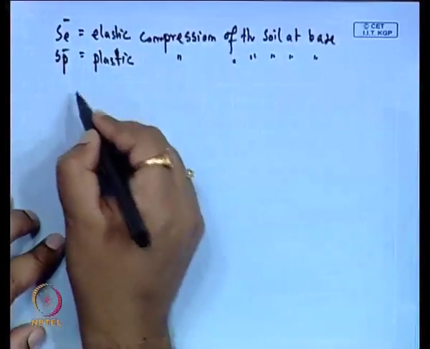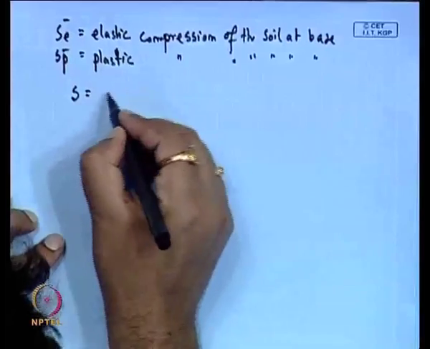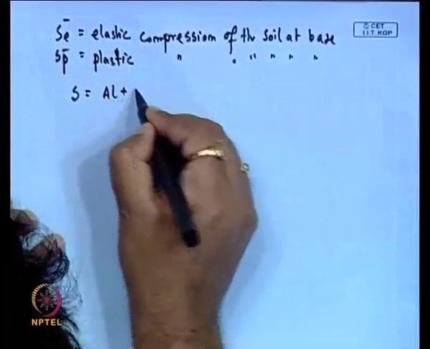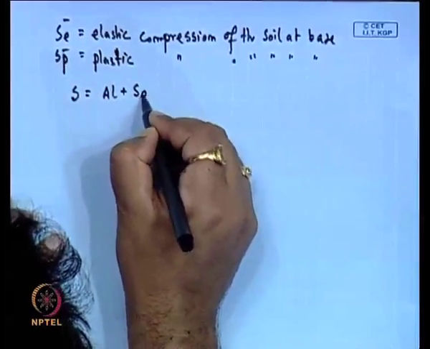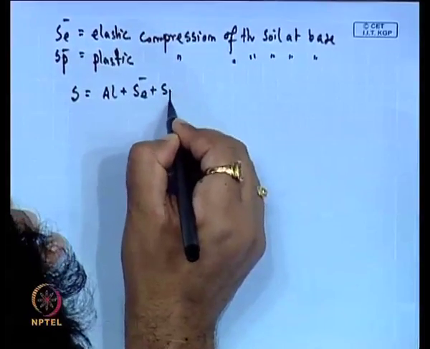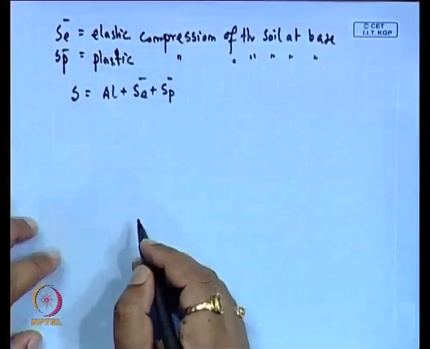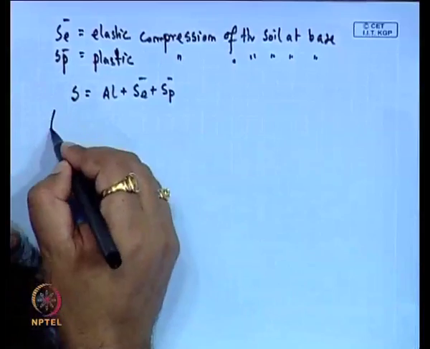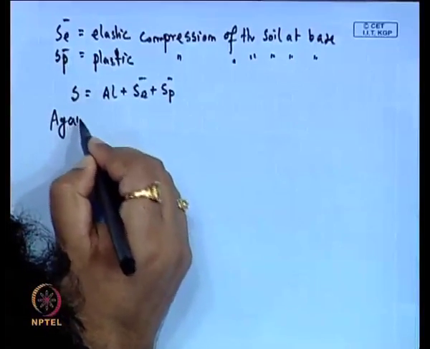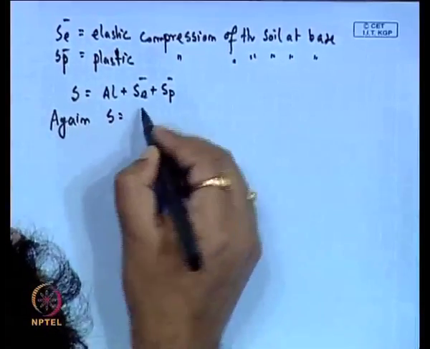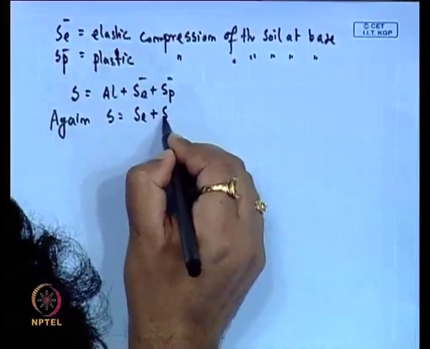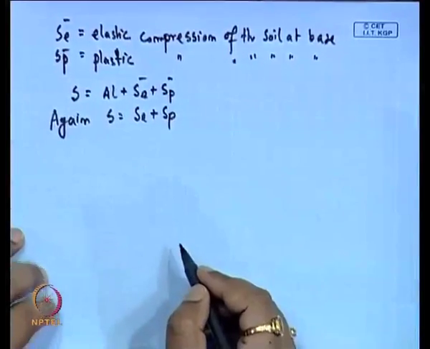So finally, we can write the total settlement is del L plus S E dash plus S P dash, and again we have written that S is total elastic settlement plus total plastic settlement.